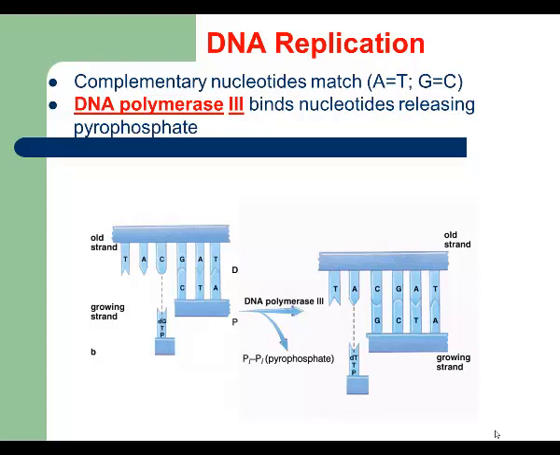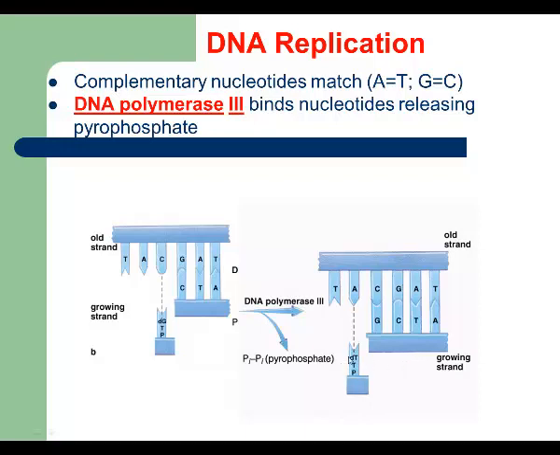So if you look at this picture here on this slide, this is our growing strand. Remember I told you DNA polymerase 3 can only move from 5' to 3' direction when it builds up a new growing strand.